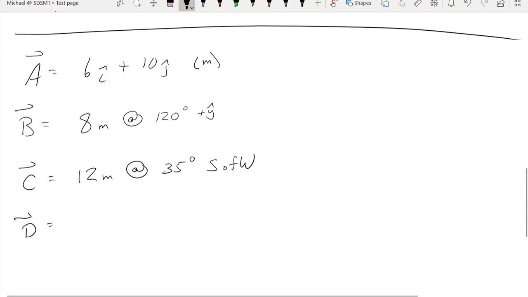So vector C is 12 meters, measured 35 degrees south of west. And then vector D will be 5 meters at 3/2 pi radians.